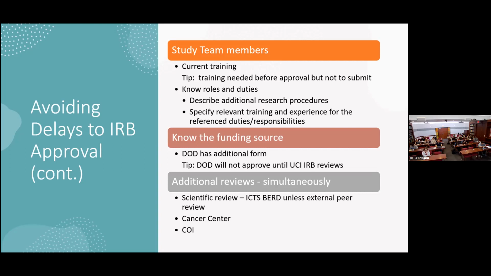You need to know your funding source. So you gotta go back to your PI or check in with Alan and Jan to know which fund is funding this study. With NIH, it's really important to know that if it's an NIH fund, especially if you're urgent, because that is the one reason why they expedite, which means they will hurry it up, is if NIH is waiting for IRB approval in order to release the funds.